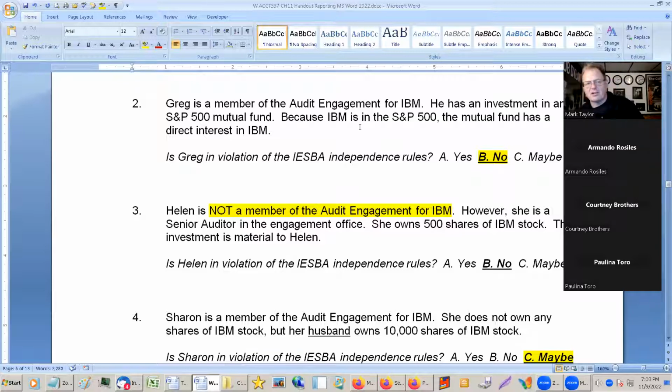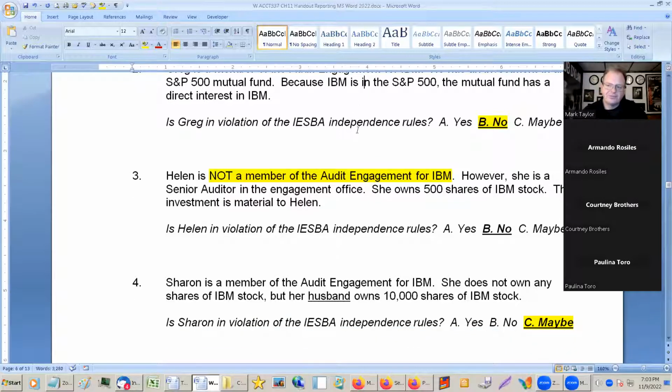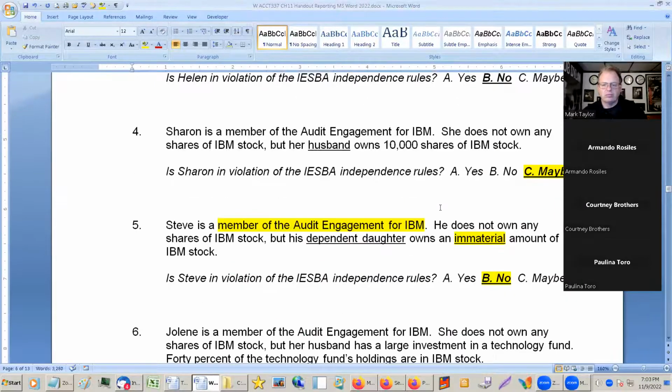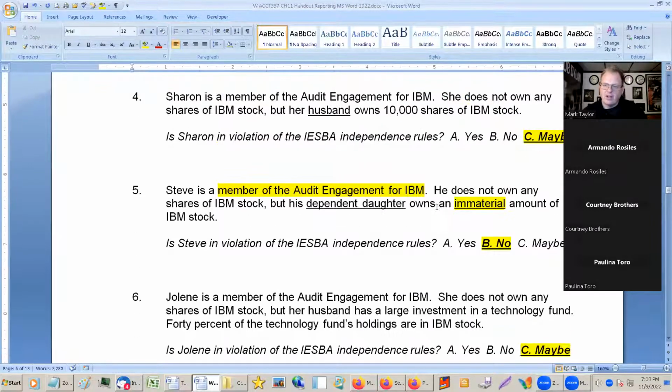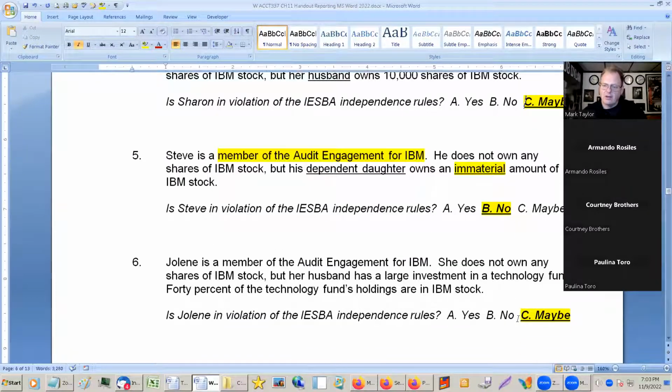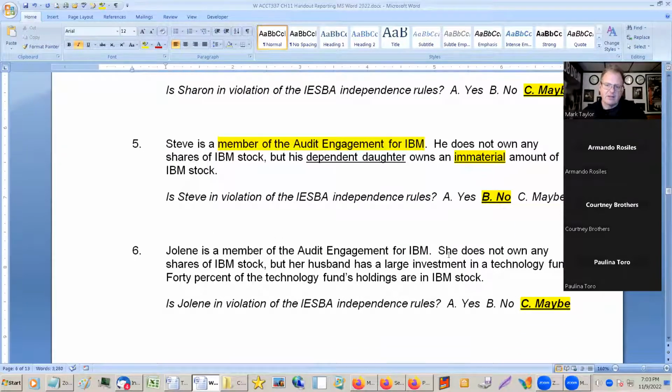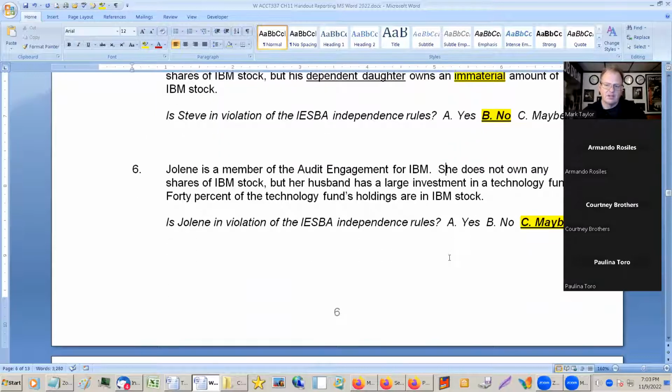We'll talk about the safeguards later. Okay, so very strange, there's a lot of maybes, and they would have to do some analysis and see if they think that it affects independence.